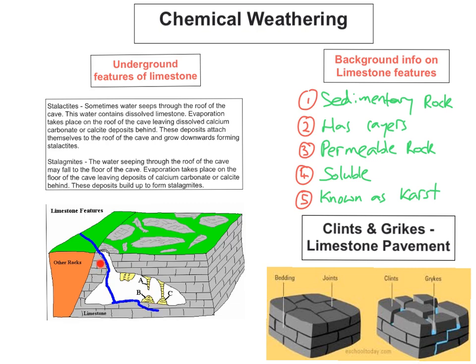And then you've got your Clints and grykes, or the swallow hole for the surface. A question that they sometimes ask in the short questions is to match up which one is stalactites and which one is stalagmites and which one's a pillar and a cave and so on. So just make sure you are able to identify the different features of chemical weathering.